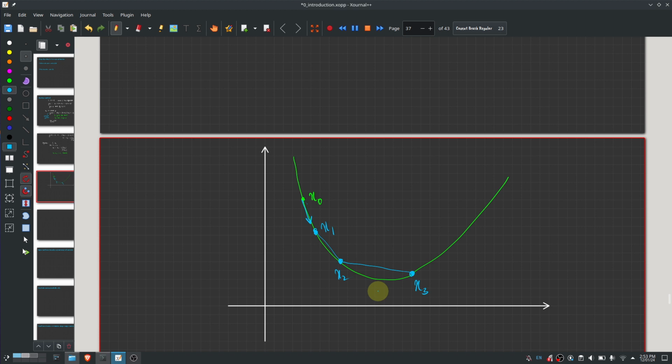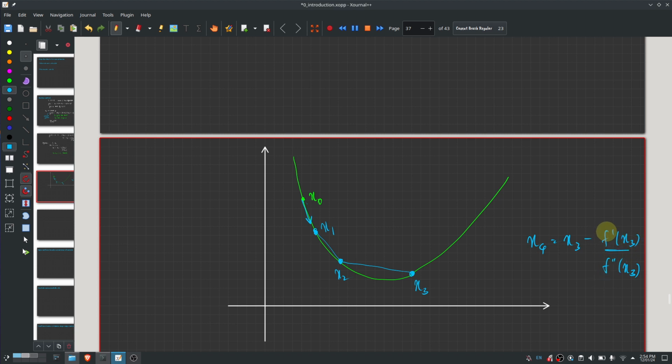It's going to lie on the left hand side because x4 is going to be x3 minus the derivative of f at x3 divided by the second derivative at x3. So this quantity is always greater than or equal to 0.